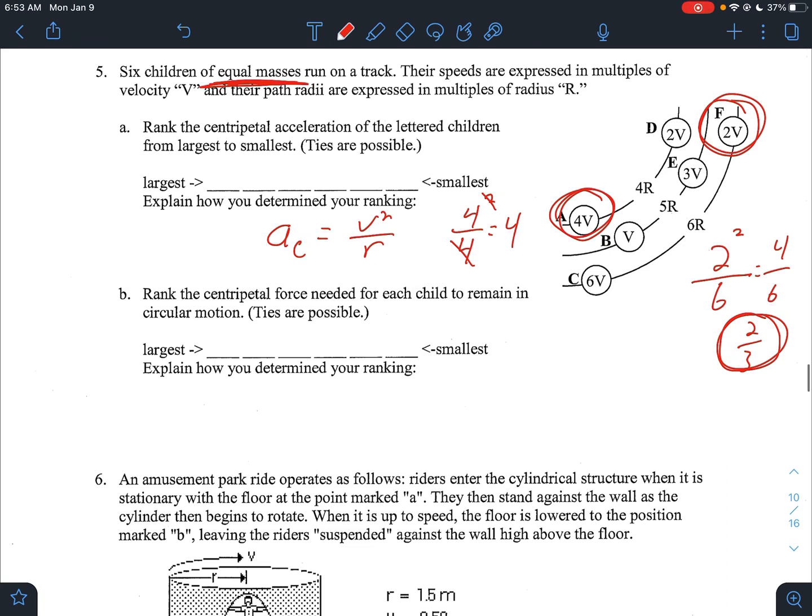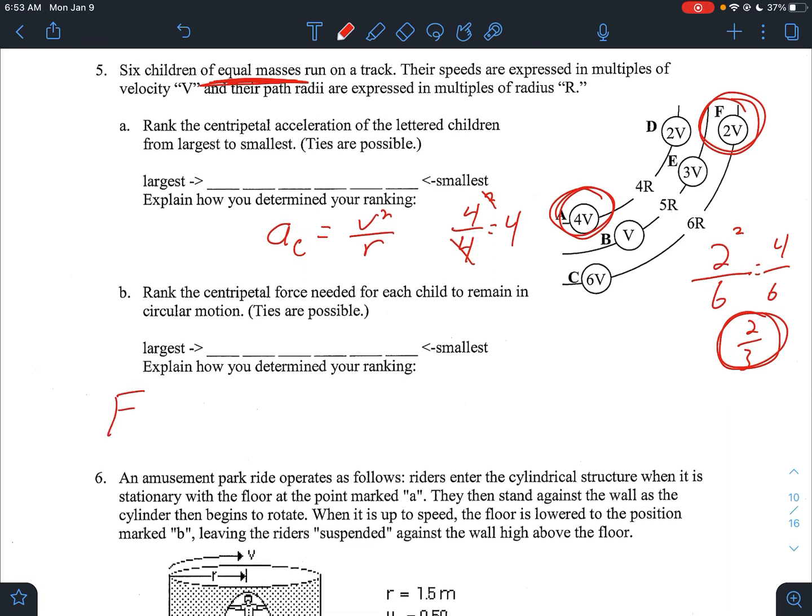For part B, again, we're looking at centripetal force, where the masses are the same. So we're looking at this proportion of V squared over R, which you'll notice is going to be the same as part A with the centripetal acceleration, because the masses are no longer relevant since they're all equal.